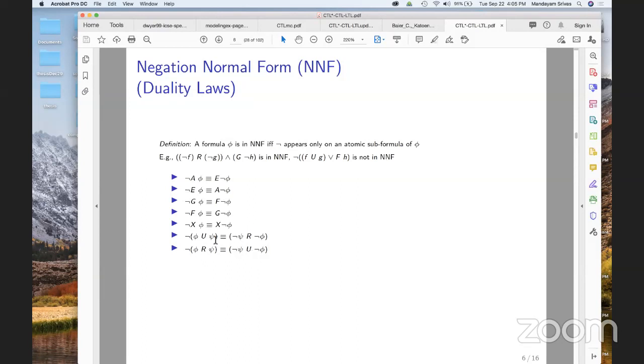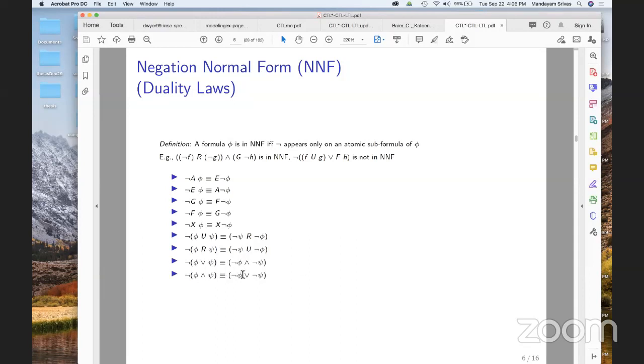Okay, so here I'm expressing the negation normal form retaining R. Of course, you can get rid of the R. You can directly express, as I showed in the last slide, the negation of a formula containing U in terms of U itself, but that will have repetitions of these formulas.